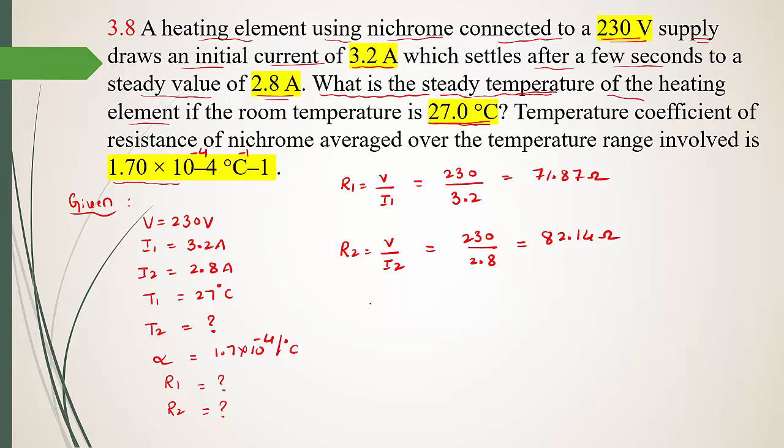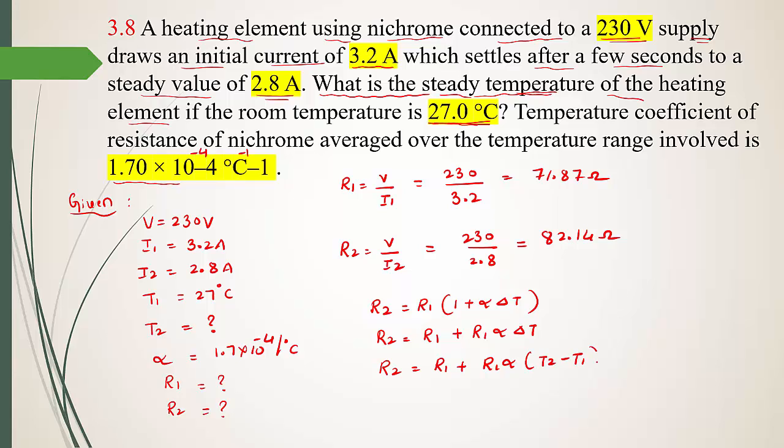We can use the equation R equal to R0 into 1 plus alpha delta T, or we can write it as R2 equal to R1 into 1 plus alpha delta T. Let us multiply: R2 equal to R1 plus R1 alpha delta T. Delta T is what?